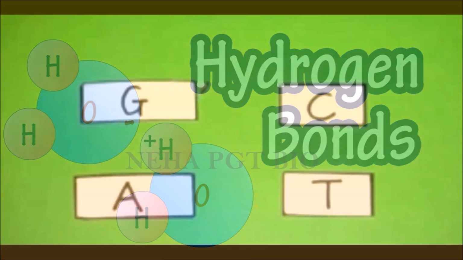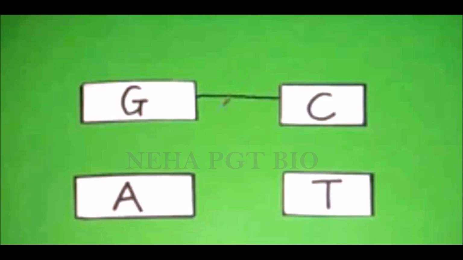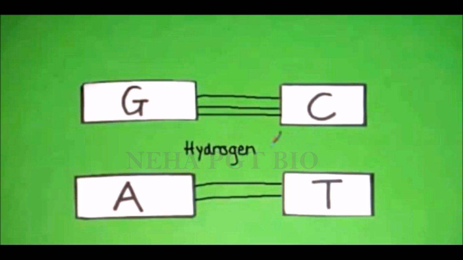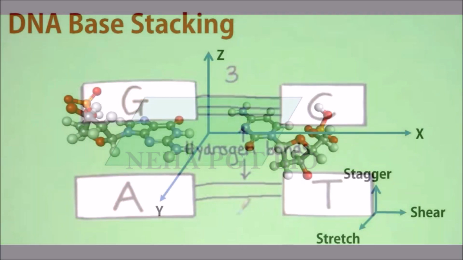As we have studied, the double-ring adenine binds with single-ring thymine with 2 hydrogen bonds, and guanine binds with cytosine with 3 hydrogen bonds. So, obviously, cytosine and guanine are stronger than adenine and thymine because they have more hydrogen bonds.